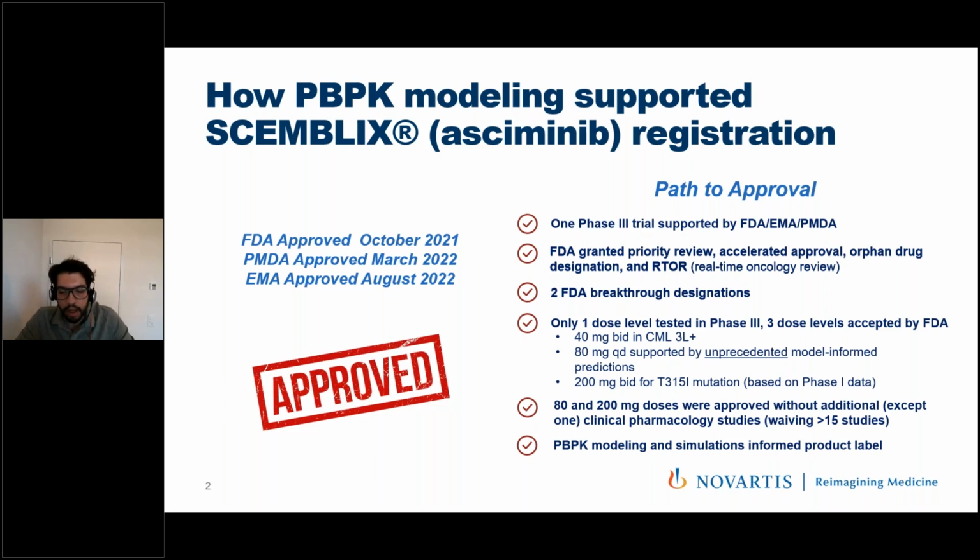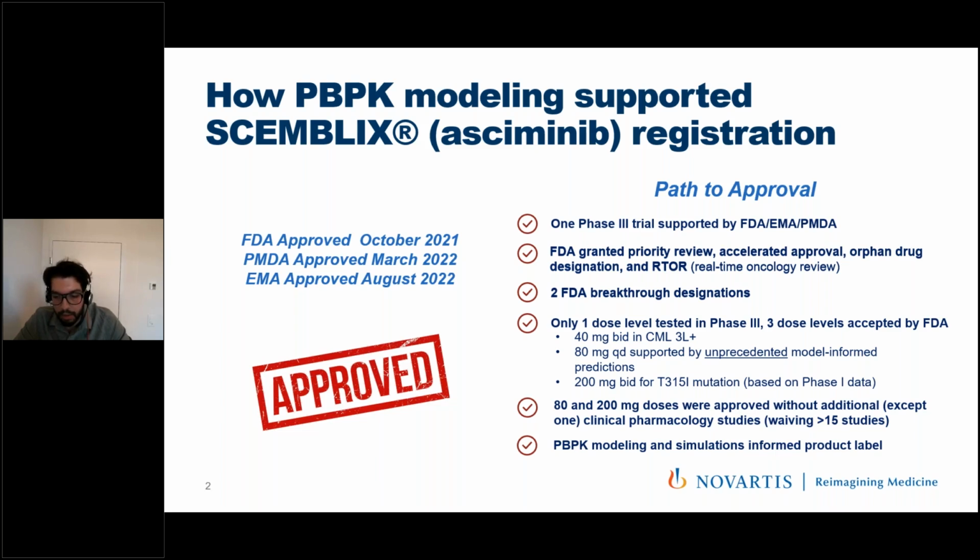Particularly for FDA, which granted us a priority review and accelerated approval for orphan drug disease designation under real-time oncology review. We also had two FDA breakthrough designations, and particularly for the USA, even though only one dose level was tested in the phase 3 trial, 3 dose levels were approved by the FDA.